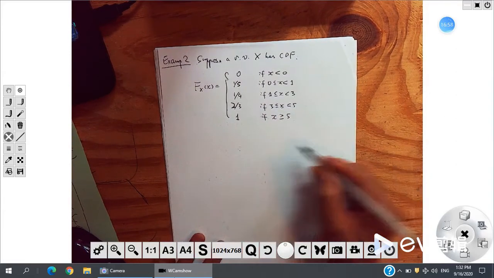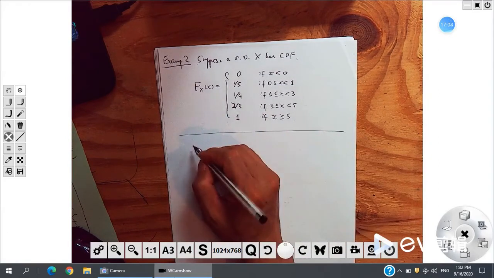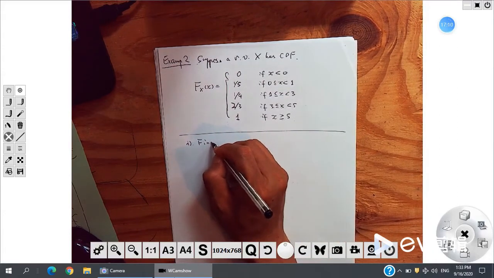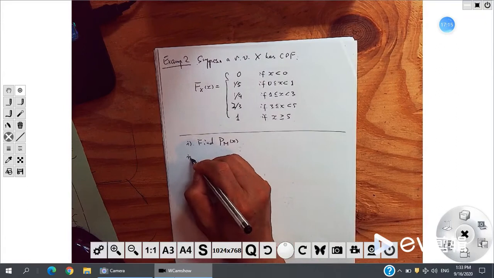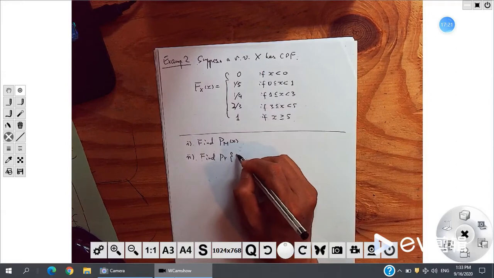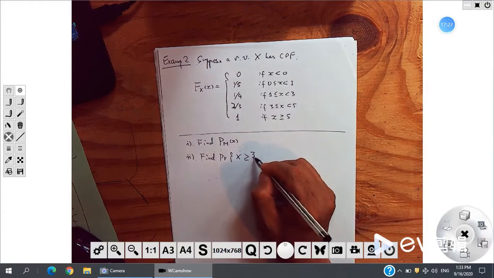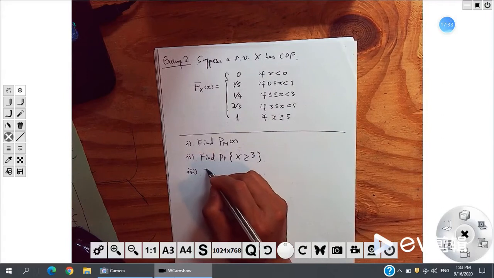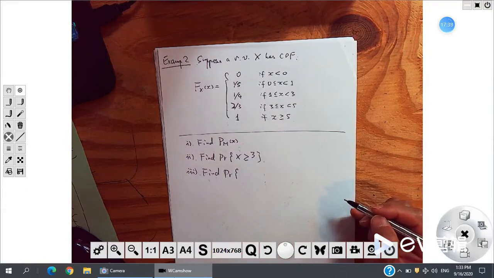Okay, suppose we have this one. Then we want to find the probability mass function. Secondly, we want to find the probability of X larger than or equal to 3. And third, I use a conditional probability.